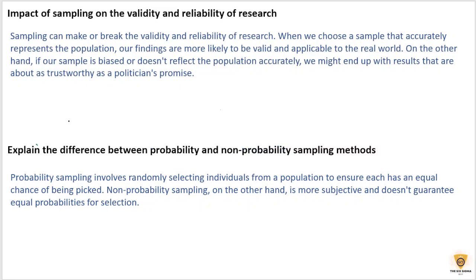Moving forward, so what is the impact of sampling on the validity and reliability of research? So अगर मैं बोलूं कि पॉपुलेशन में से ये छोटा सा सैंपल ही है, राइट? तो व्हाट इज द वैलिडिटी और व्हाट इज द रिलायबिलिटी दैट जो इन्फ्रेंसेस मैं इस सैंपल से लूंगा, इट रिप्रेजेंट्स द एंटायर पॉपुलेशन, राइट? तो इसको हम बोलते हैं व्हाट इज द रिलायबिलिटी एंड व्हाट इज द वैलिडिटी ऑफ द सैम्पलिंग, राइट?